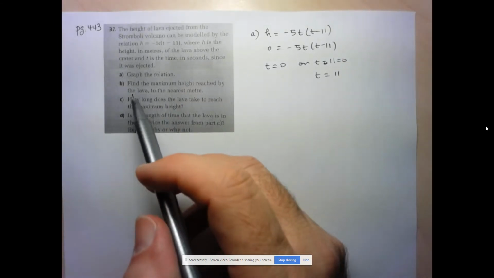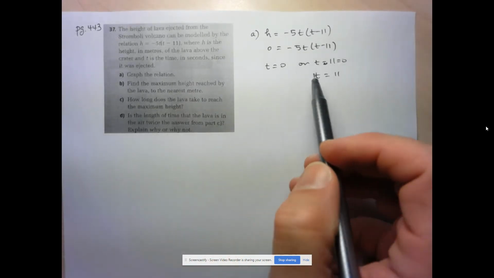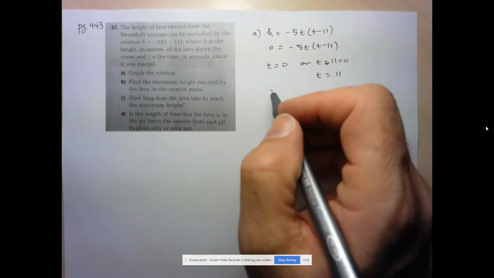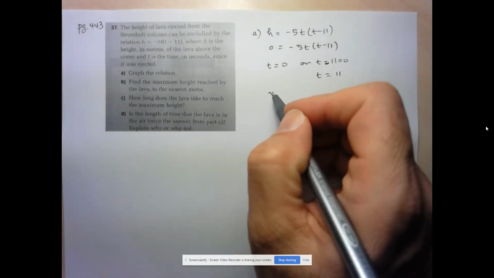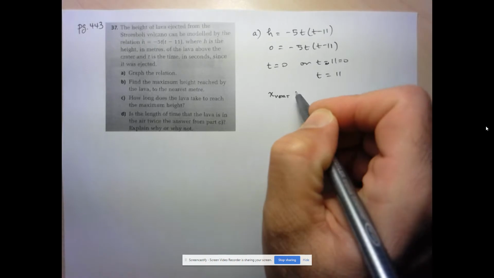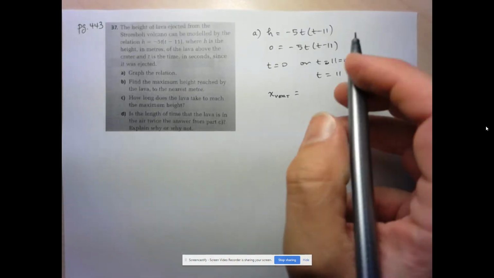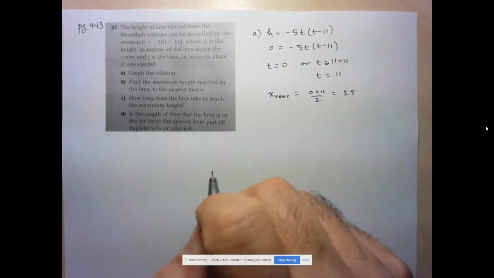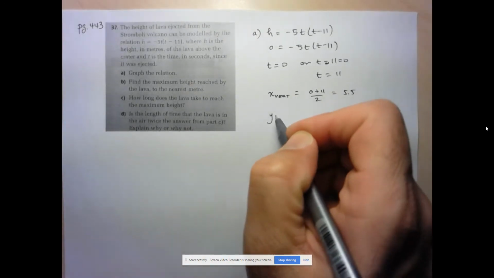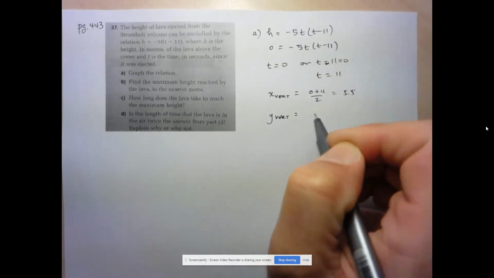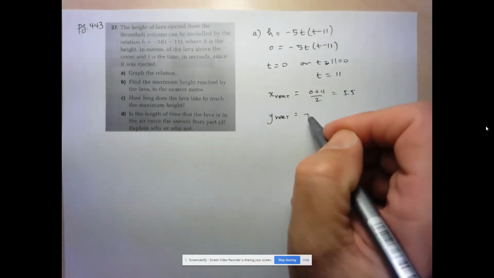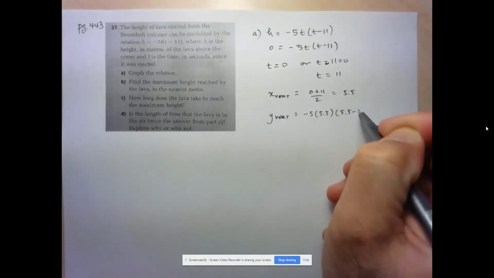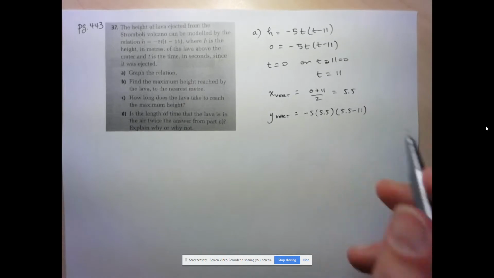Now again, there's lots of ways to do this, but since I already have the x-intercepts, I might as well use the fact that the x value of the vertex is just given by the average of the two x-intercepts. So 0 plus 11 divided by 2, so that's 5.5. And then if I want to find the y value of the vertex, I just have to input that into the equation. So negative 5 times 5.5 times 5.5 minus 11, which is just going to be negative 5.5.